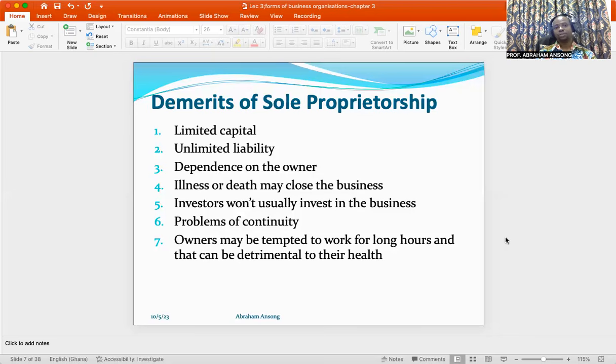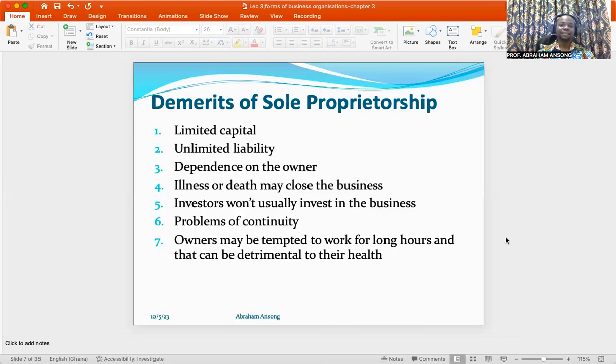The death of the owner of this business could spell the doom of that particular business. The other point I explained much earlier is that sole proprietorships don't have to publish any accounts for the investing public to know what is going on. Normally, there is a disincentive for them to keep proper financial statements.